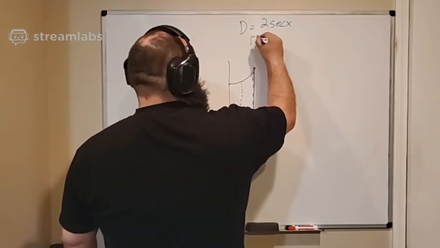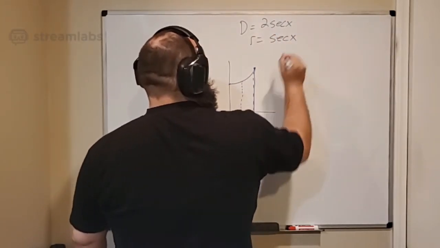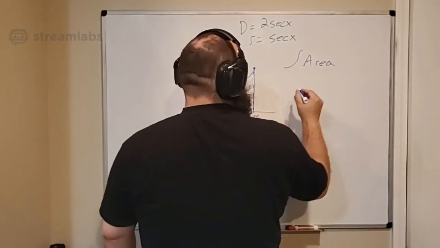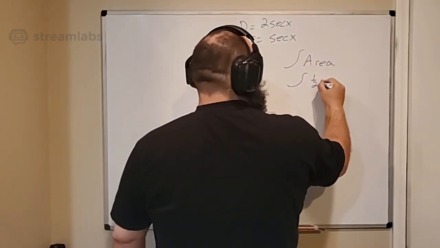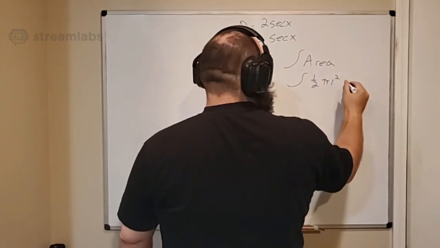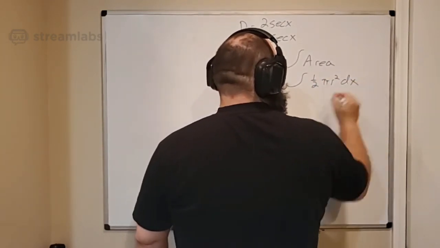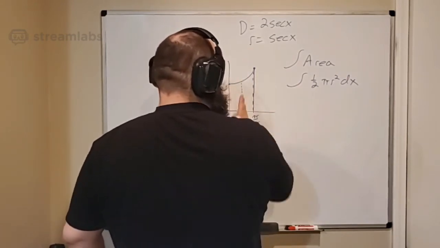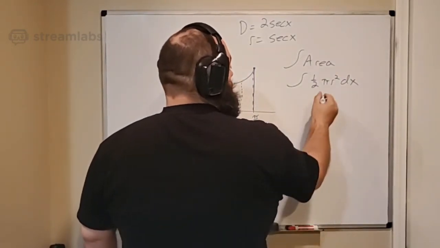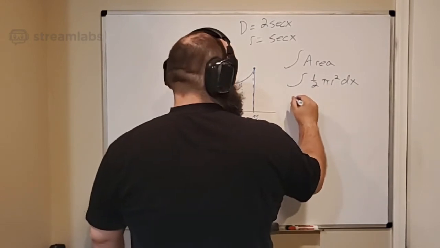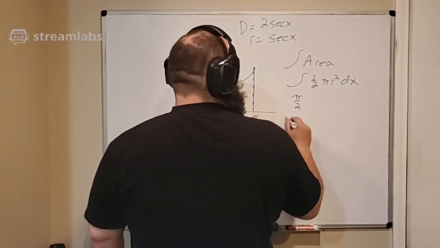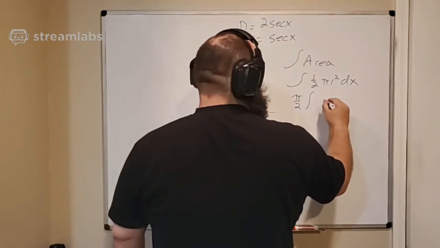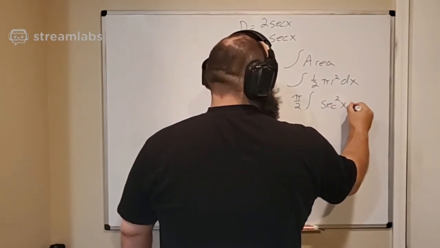Your formula for your integral of your area is the integral of 1/2 pi r squared dx, because it's an x thing since my cross section is perpendicular to the x-axis. So I'm going to move the pi and the 1/2 out front. And we know our r is equal to secant x. So it's the integral of secant squared x dx. Bounds are from 0 to pi over 4.